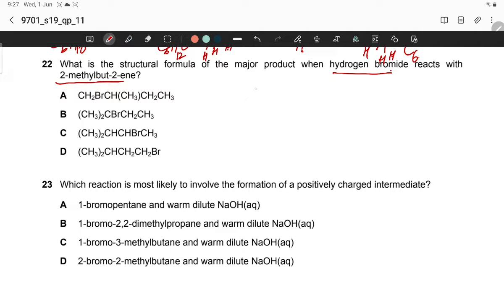This is the compound. 2-methylbut-2-ene. Hydrogen bromide reacts with HBr.